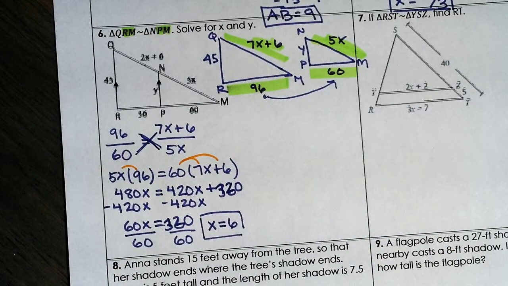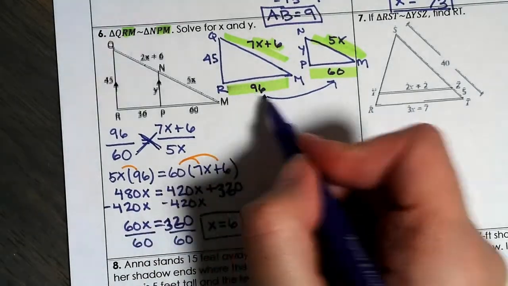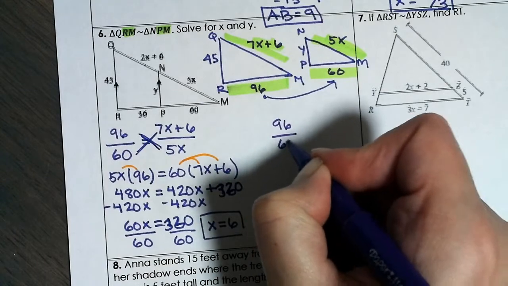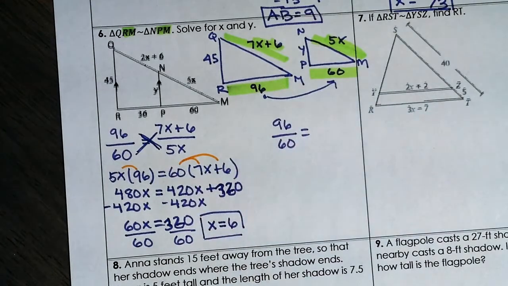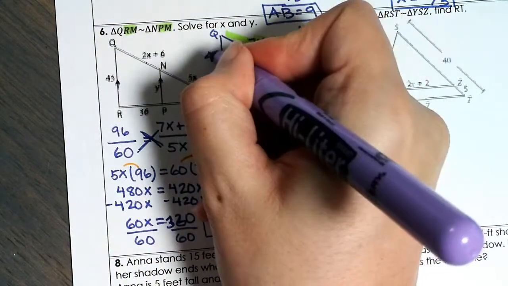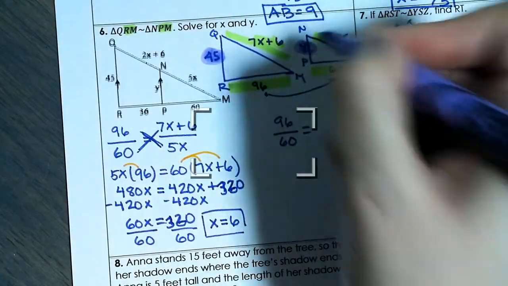Alright, for my y value, again, I'm going to use 96 over 60. But that should be equal to, this time, 45 over y.